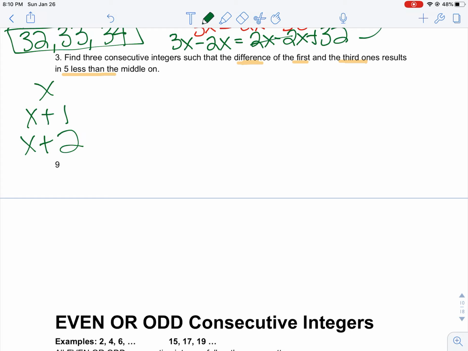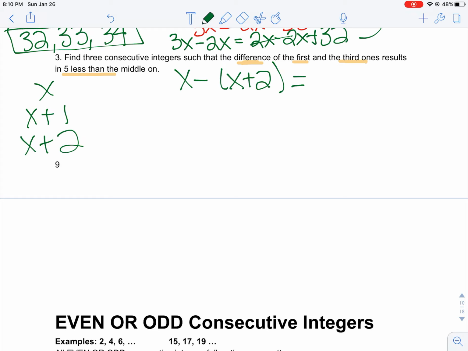So the difference of the first and the third would be x minus (x plus 2). Now remember, that's more than one term, so I would put it in parentheses because you're going to have to distribute. It results, so that's another way of saying equals, in 5 less than the middle one.